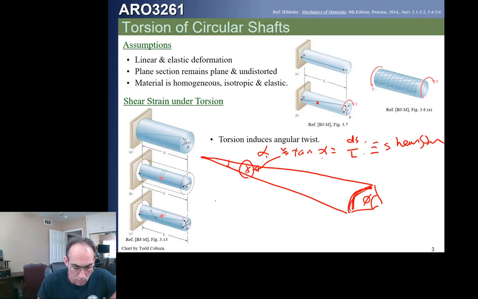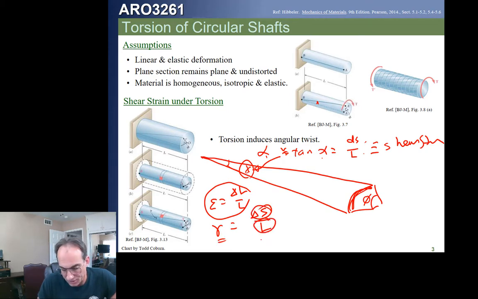Now remember, when we had strain, that was change in length over length, and shear strain is also that. It's a little change in a dimension over a dimension. But where normal strain was the change in length over length in the same direction, shear strain is the change in dimension over a perpendicular dimension, okay?